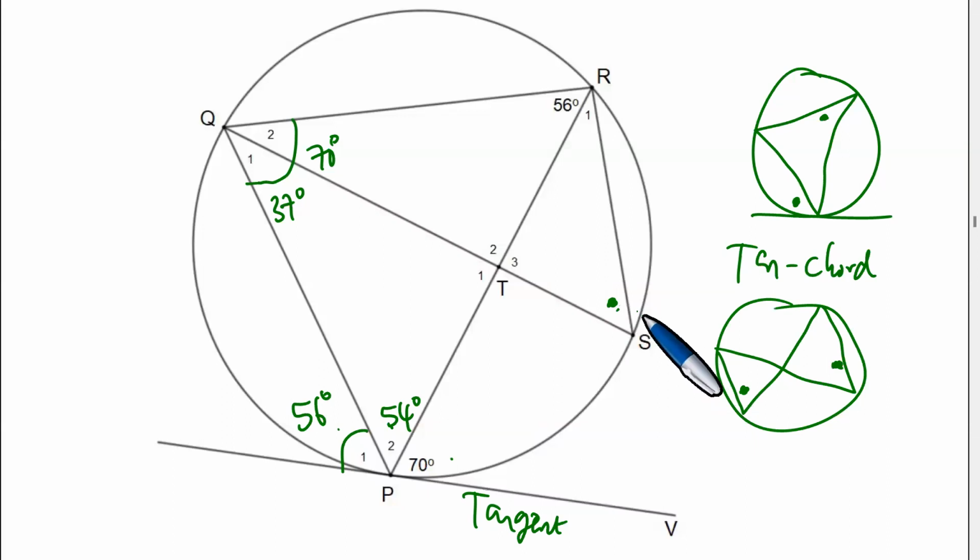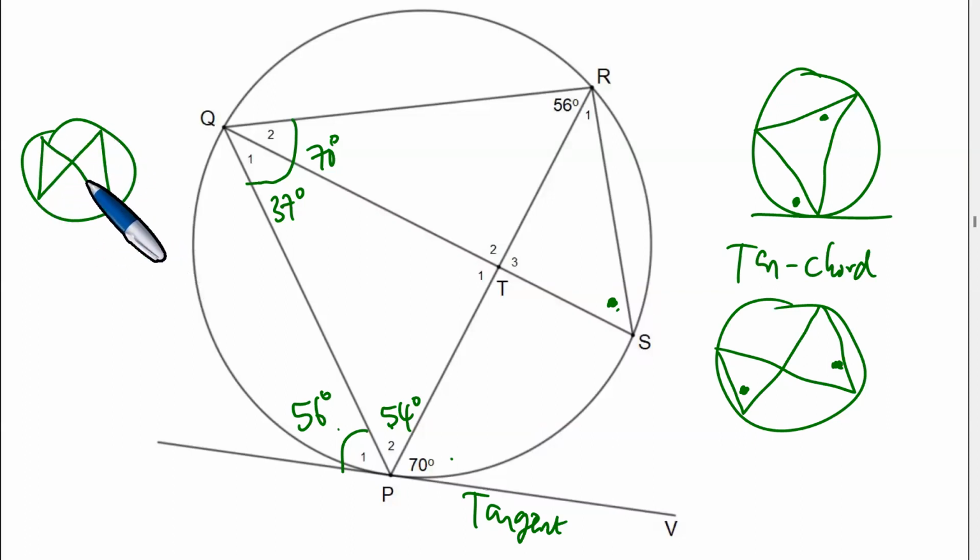Okay, if QS would be the diameter, it would mean a couple of things. Because this angle here is going to be equal to an angle there. So if this one is 37 degrees, this one is also 37 degrees. And if you add these two, what do you get?